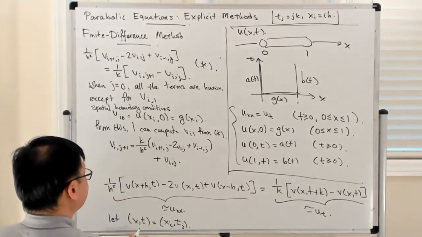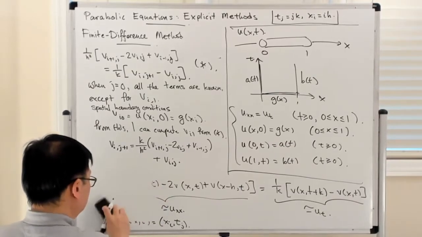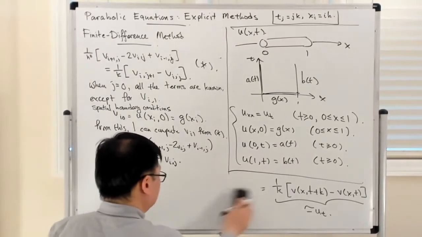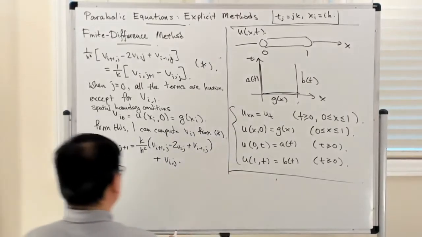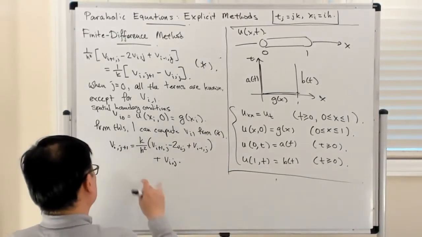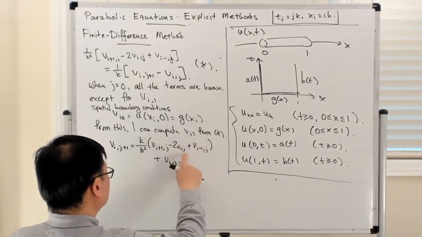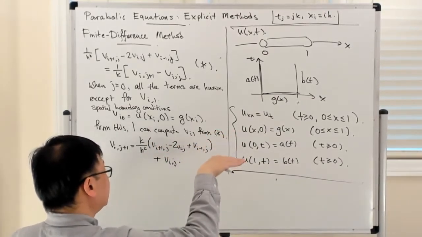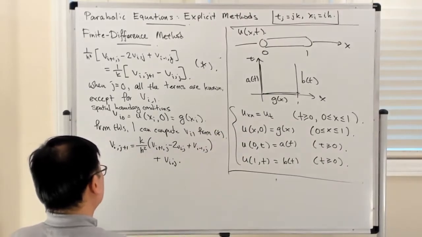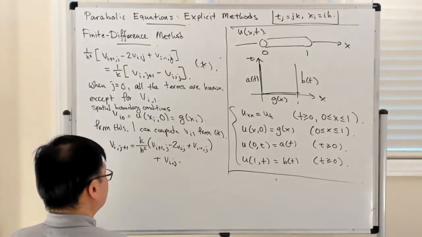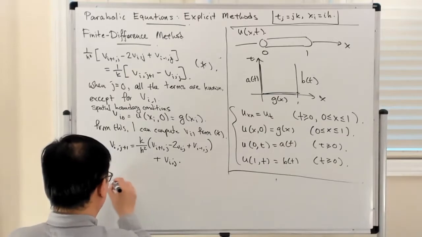All right, so that's what the method looks like. You'll see that everything on the right-hand side involves j. So that's the data in the previous step, and then from that you can compute the stuff at the new step.